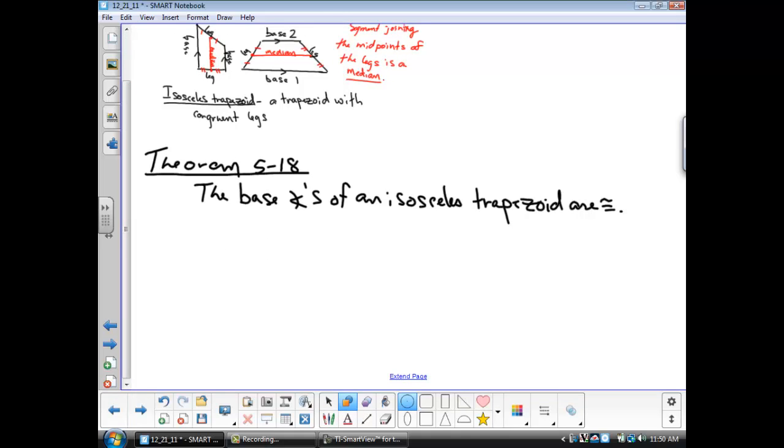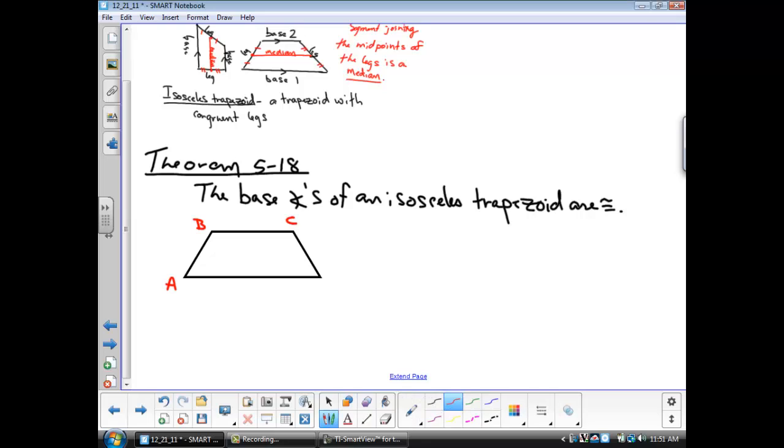Trying to get a trapezoid here. What we are going to be given is that this is a trapezoid, which means we have two sides parallel, and it is isosceles, so we have the two legs congruent.